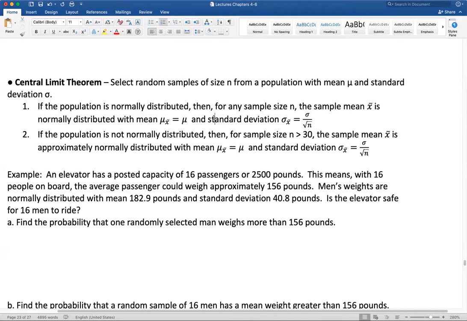So we learned about this one in 6.3. The central limit theorem is kind of the conclusion of the research in 6.3.